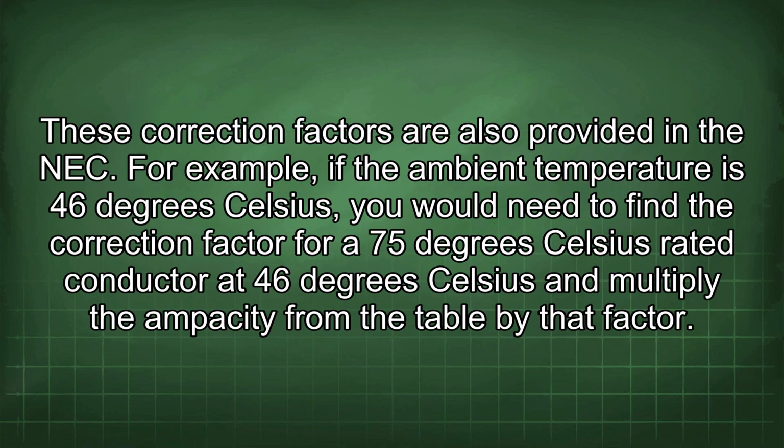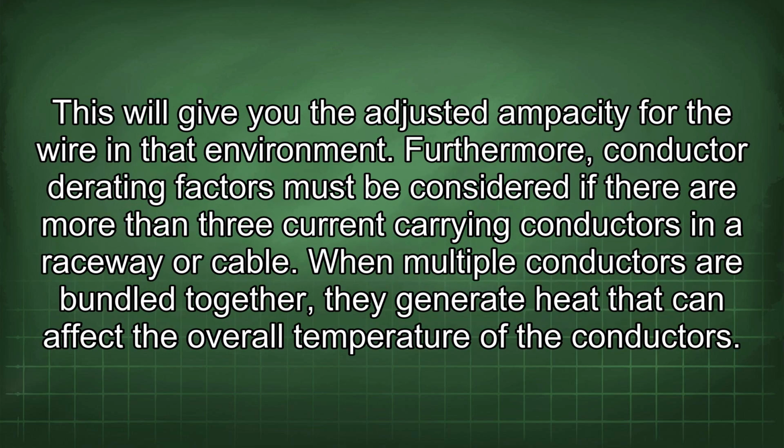These correction factors are also provided in the NEC. For example, if the ambient temperature is 46 degrees Celsius, you would need to find the correction factor for a 75 degrees Celsius rated conductor at 46 degrees Celsius and multiply the ampacity from the table by that factor. This will give you the adjusted ampacity for the wire in that environment.